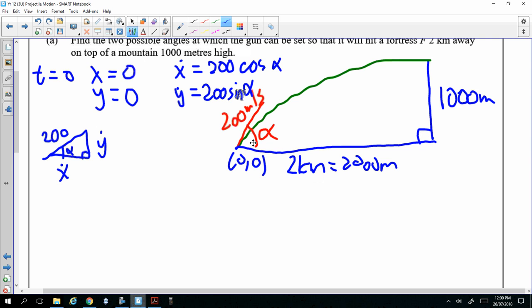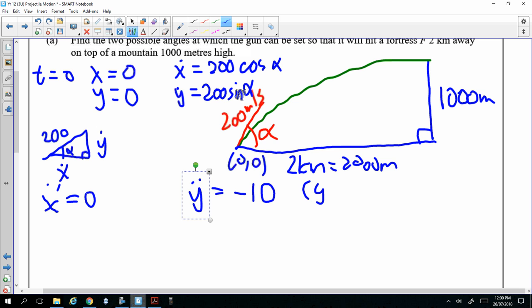So you start with x double dot is 0, and then y double dot equals negative g, which is negative 10, since g is 10. Then just work your way through. Try to find x and x dot, y and y dot. Have a try.